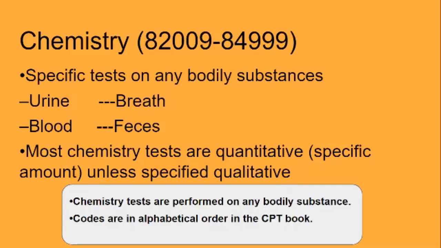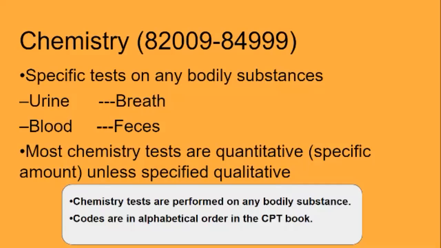So let's talk about chemistry. 82009 through 84999. And yes, I'm spending time going there because I like to follow along in my CPT. So, specific tests on the bodily substances: urine, blood, breath, and feces.